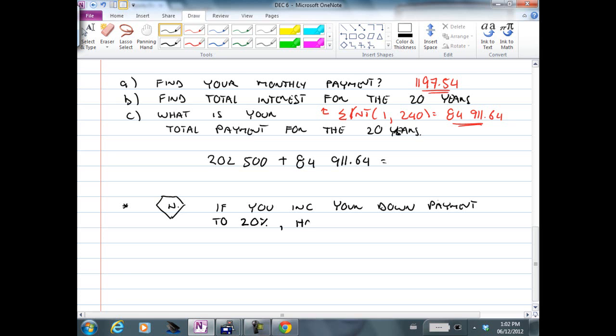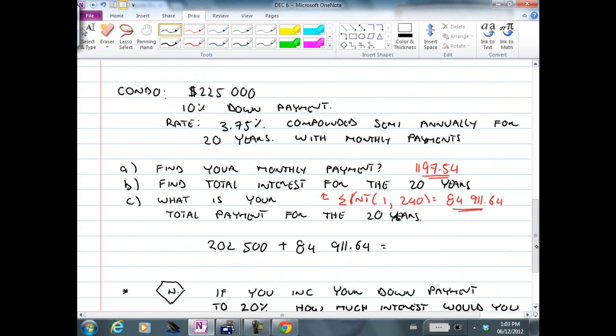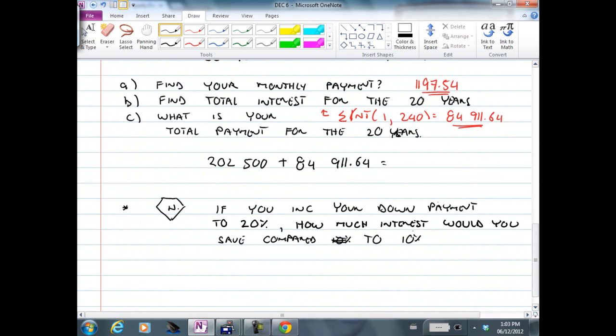How much interest would you save compared to 10% down payment? So read my question carefully, please. Compared to... same thing. 225,000. How much interest would you save compared to 10% down payment?